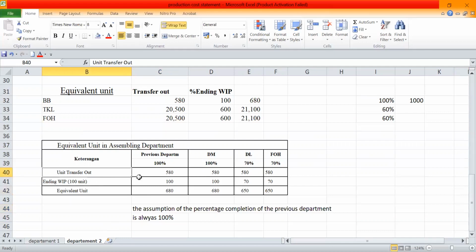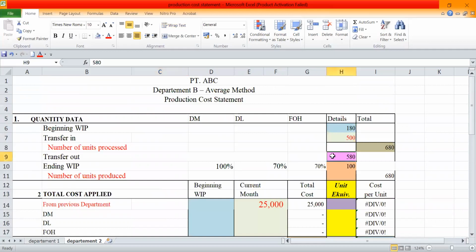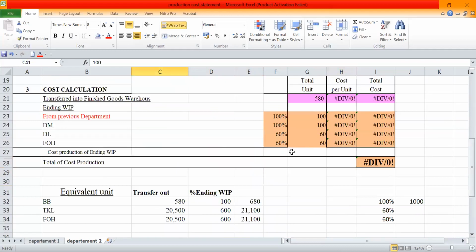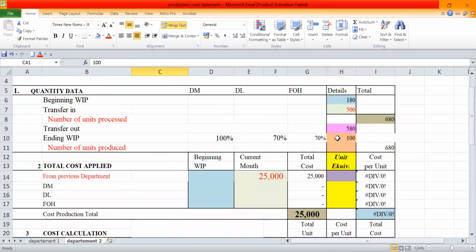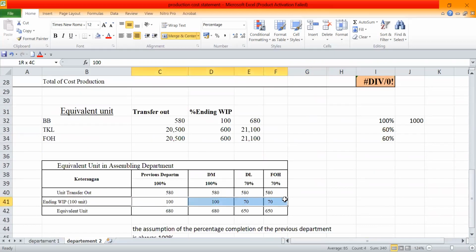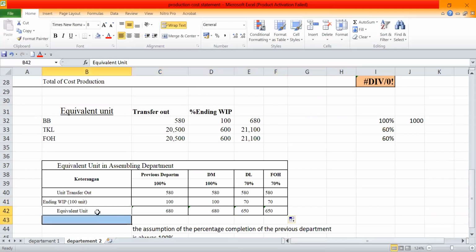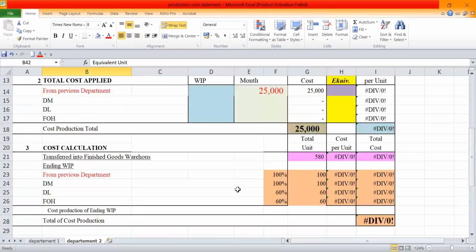Now we enter the computation of the units transferred out, which is this number, 580. And then the ending work in process is 100, multiplied with each percentage of completion, right? And then we add the numbers. So this is the equivalent unit for the previous department, direct material, direct labor, and factory overhead.